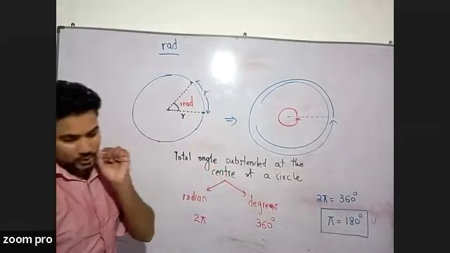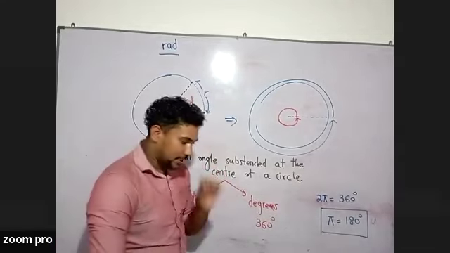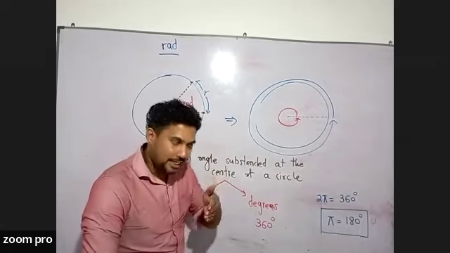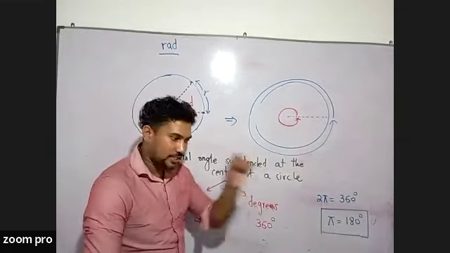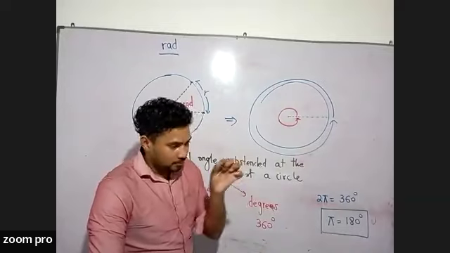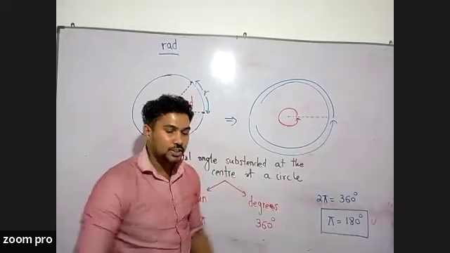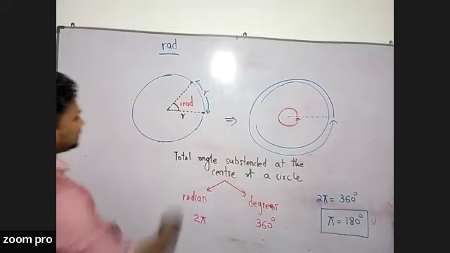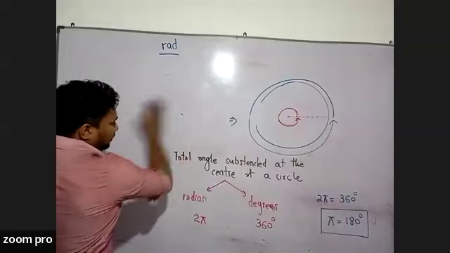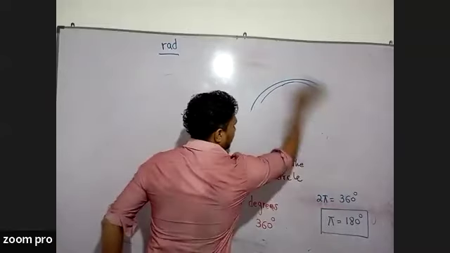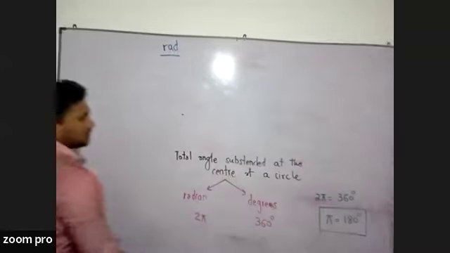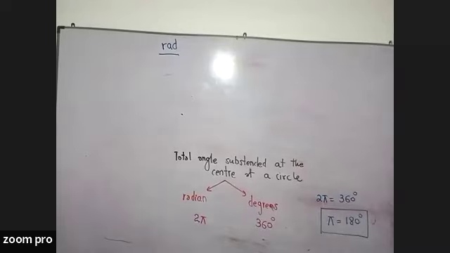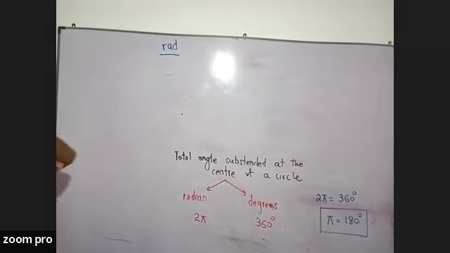You should have an idea about the relationship between radians and degrees. So what is the relationship? Pi radians equals 180 degrees, right? Okay, so just copy these things.